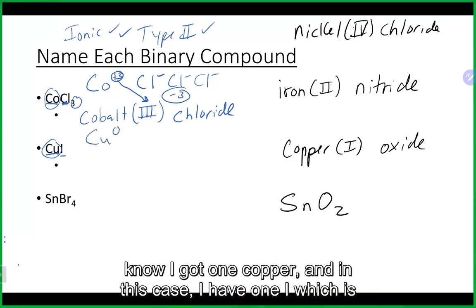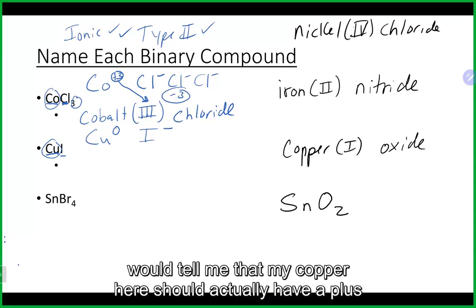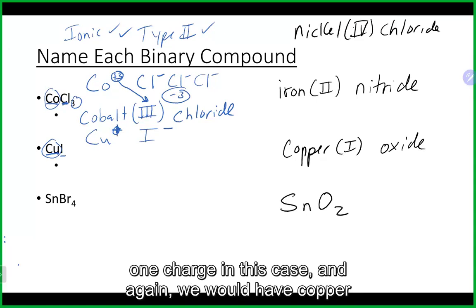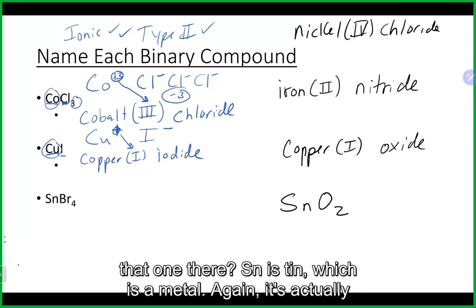I know I got 1 copper, and in this case, I have 1 I, which is group 7, should have a -1 charge. And that would tell me that my copper here should actually have a +1 charge. And again, we would have copper Roman numeral 1 for the charge and iodide. Question on that one there.